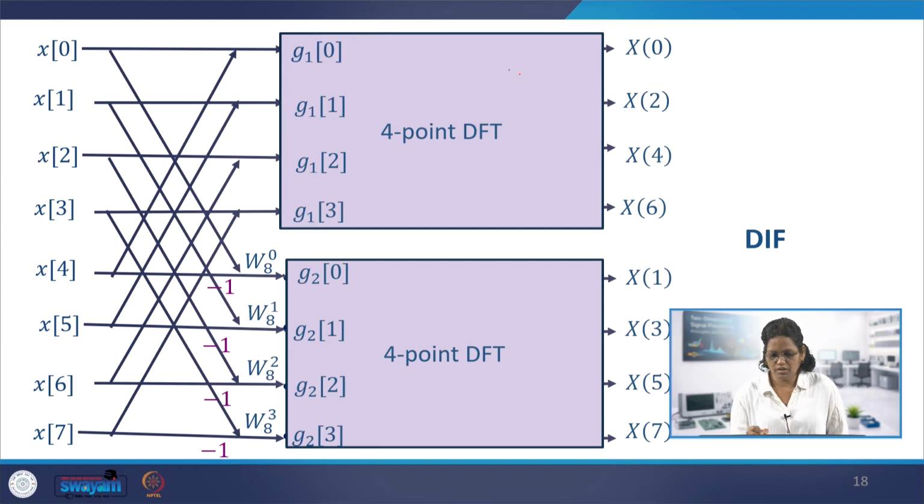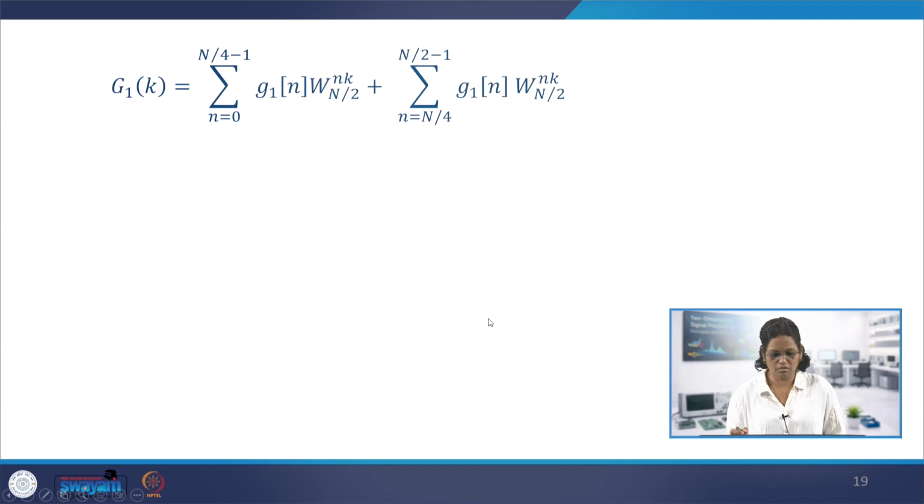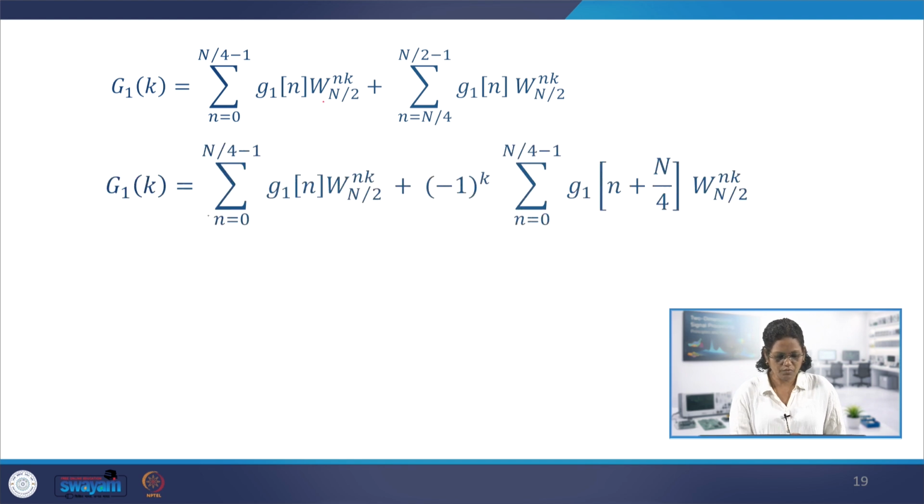So can we further divide this into 2-point DFTs? That's the next step in the decimation. So take G1k, that's what we had, G1 here, and then this can be written like that as we did in the first step of x of k, and only this n by 2 would be changed to n by 4, to this n by 4 minus 1. So to make the summation same, we have G1 of n plus n by 4.